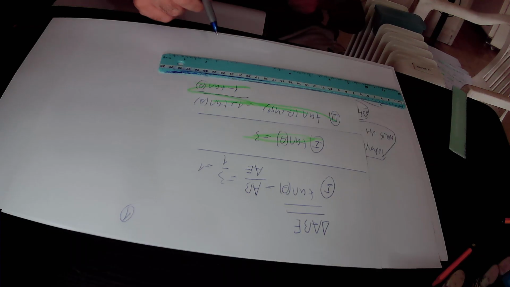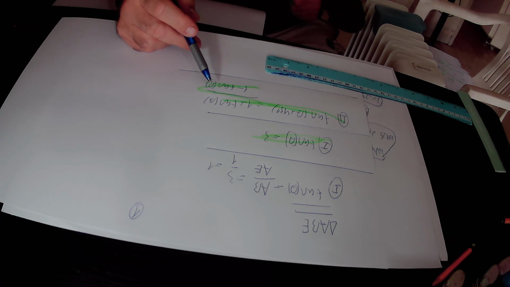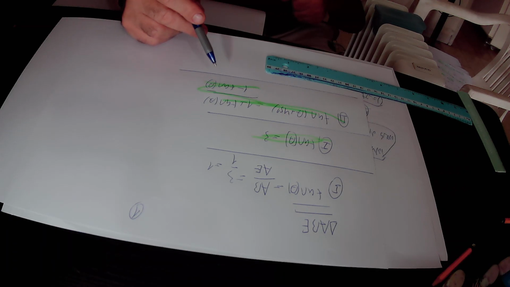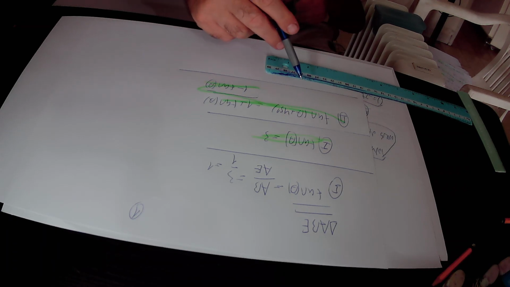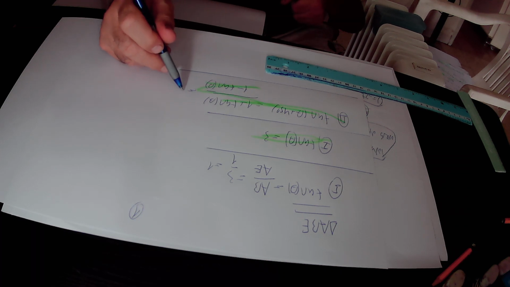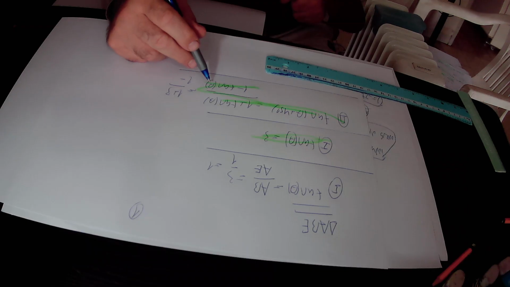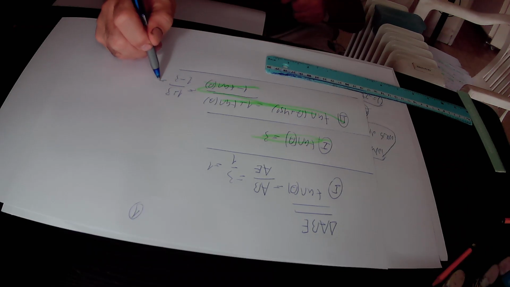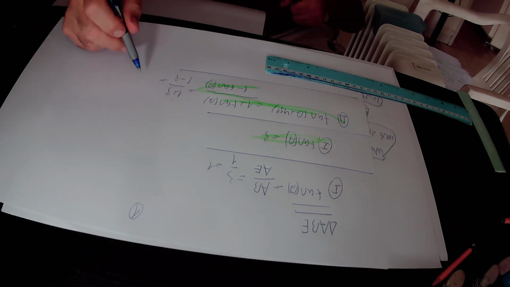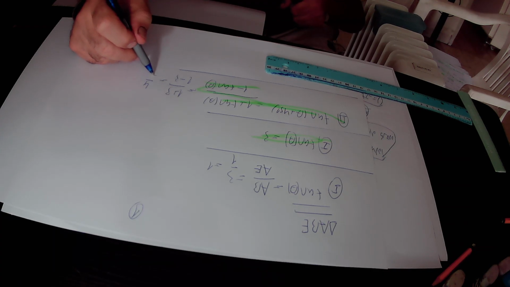We already found that tangent theta equals 3. Therefore, we can substitute tangent theta in this trigonometric identity by 3. We get that tangent of theta plus 45 degrees equals 1 plus tangent theta, which is 3, over 1 minus tangent theta, again 3. So in total it is 1 plus 3, that is 4, over 1 minus 3, that is minus 2.